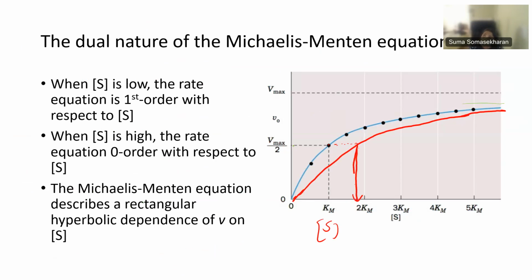So the higher the Km, the lower the affinity. It tells you how much substrate is needed to reach 50% saturation. So the greater the value of Km, the lower is the affinity of the enzyme for its substrate.